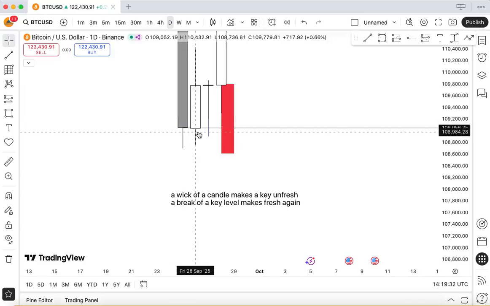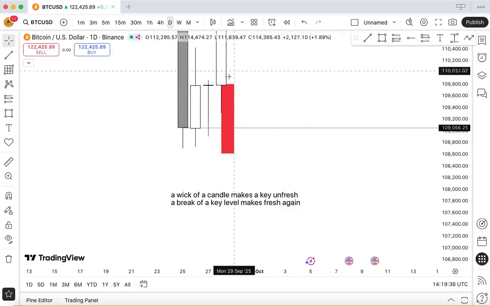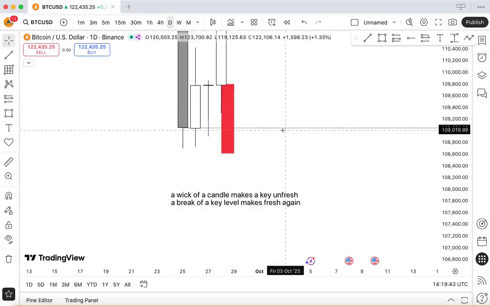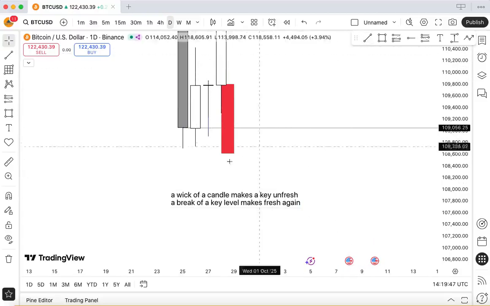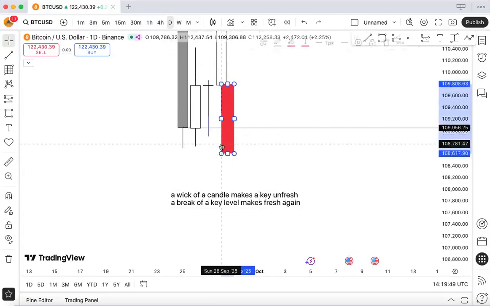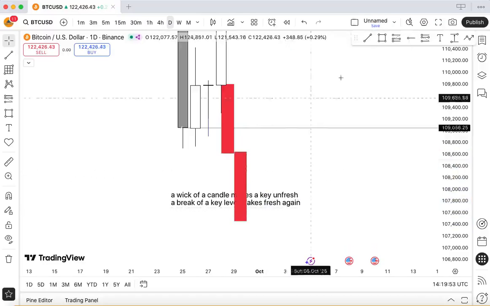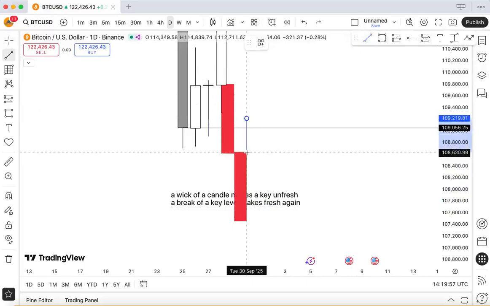This is the same thing I've been explaining. This is a resistance here, sorry, a support, then tapped, it is unfresh now, broken. Now it is what? Support becomes resistance, SBR. Now you can use it for sales. Now if the next candle does something like this, okay, then it's a wick, boom, taps here.